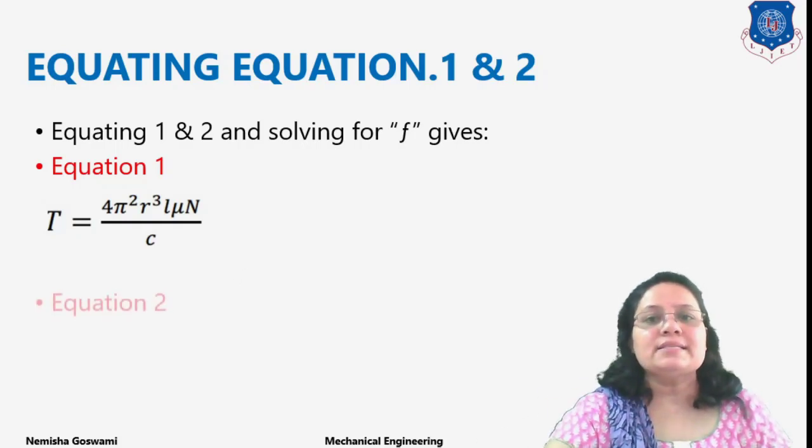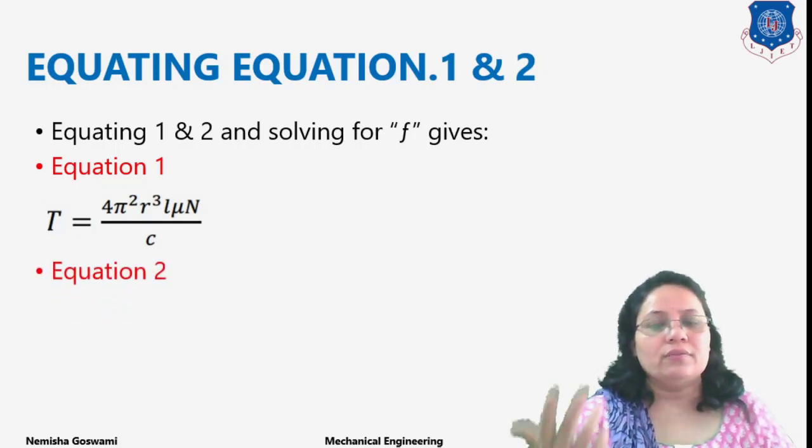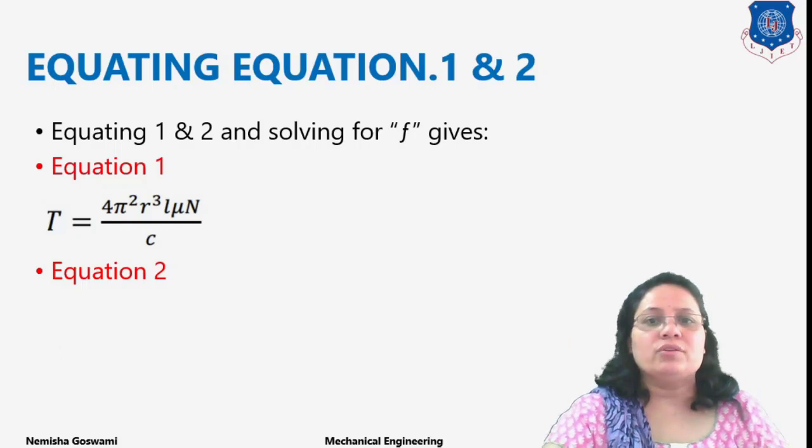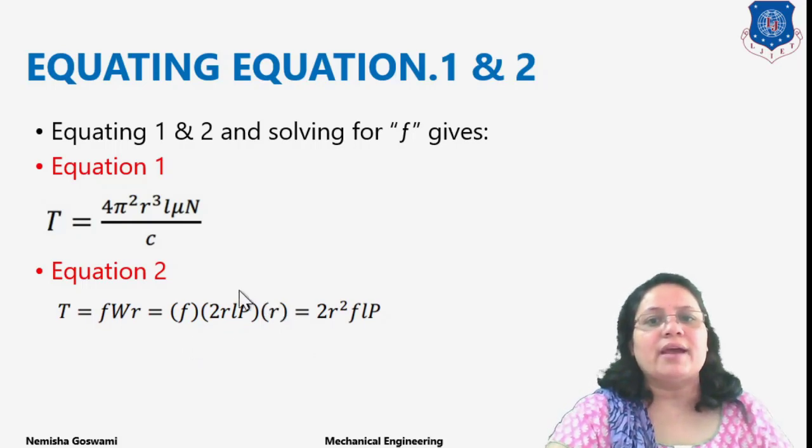Next is your torque obtained due to frictional forces, right? So what was that? Torque is equal to FWR, and when we put the value of W, we get 2R square FLP. So for ideal condition, these two torques should be equal.